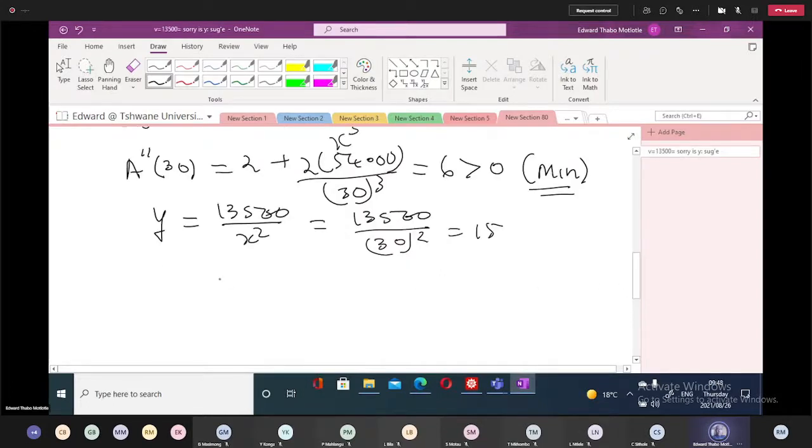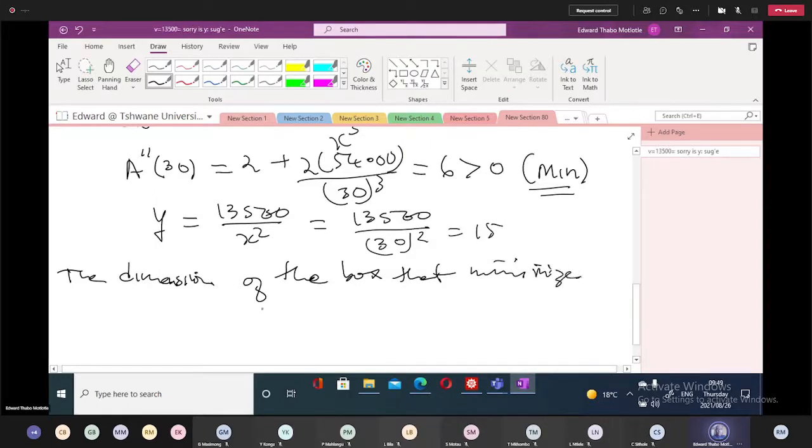So now we can conclude that the dimensions of the box that minimize the amount of material needed to make the box are x equals 30 and y equals 15.